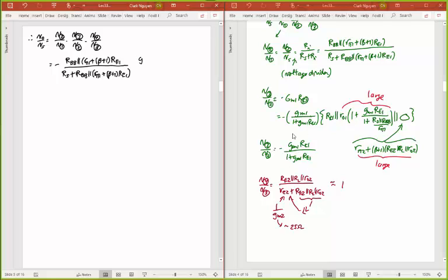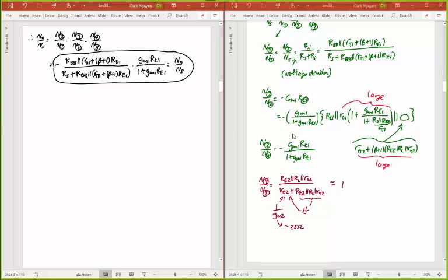So I'm going to write out GM1 times RC1 divided by 1 plus GM1 times RE of 1, and that then is my gain, which I got by inspection analysis.